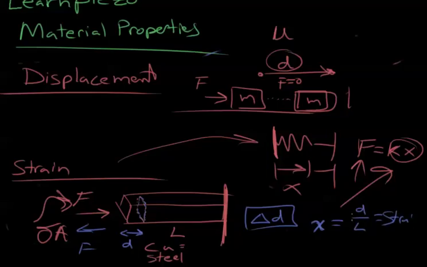So the displacement over the length. We have units, meters over meters, it cancels out and doesn't have units. A lot of times you'll see units because the strain is often really small. It's often like some number times 10 to the minus 6.